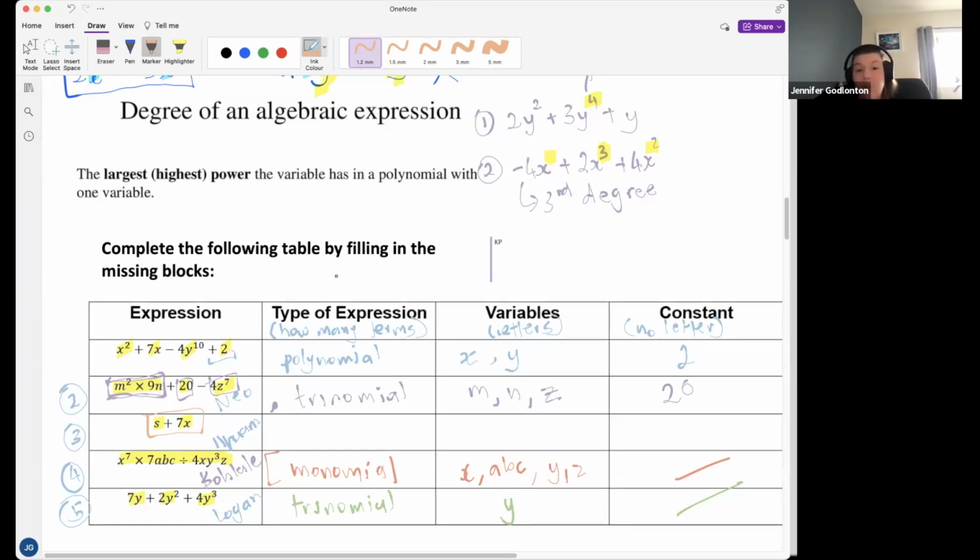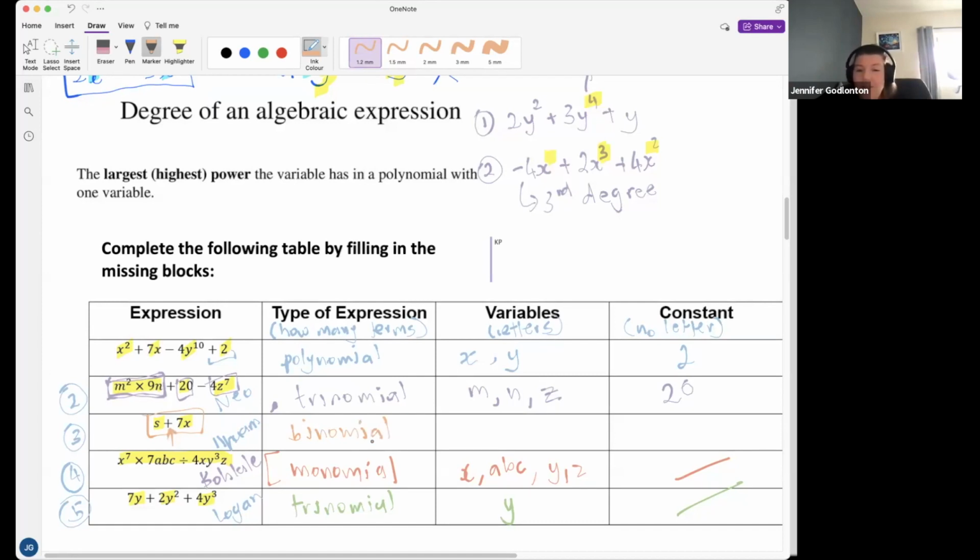Okay, so monomial would mean that I have 1 term, but because I have this plus sign in the middle, it's separating them. So it means I'm going to have 2 terms. So because there are 2 terms, it's going to be a binomial. So that bi part is standing for 2.